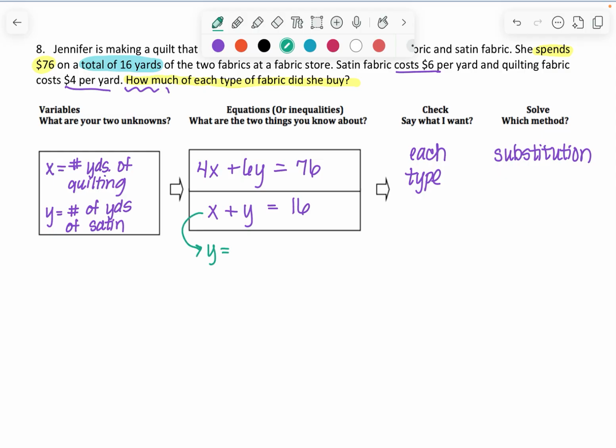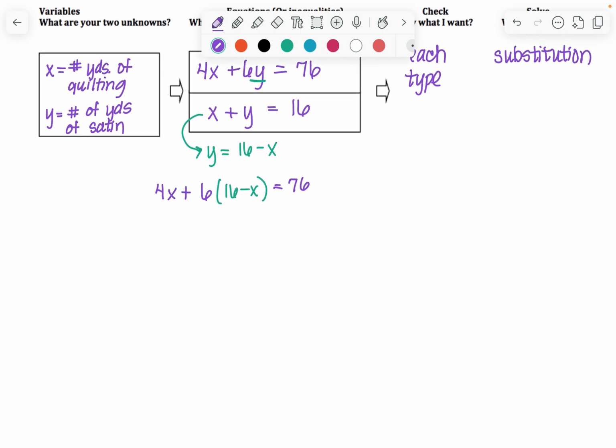I'm going to subtract x from both sides, and that gives me that y is equal to 16 minus x. So now I'm going to come to the original equation and take out the y. So I have 4x plus 6 times 16 minus x instead of y equals 76. And that's what we're going to solve.